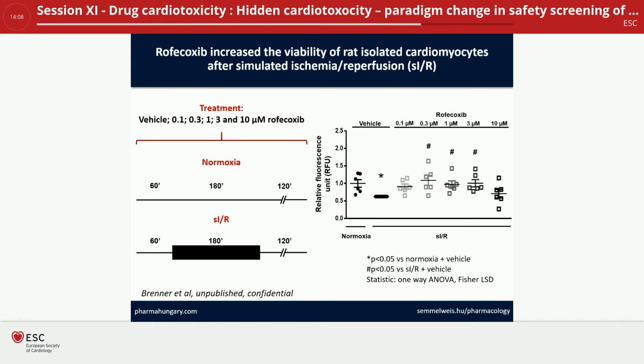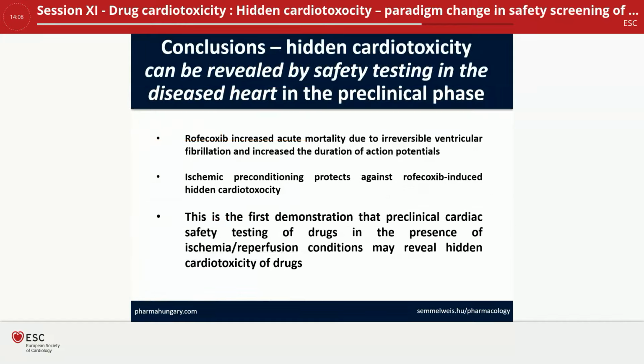So by now what we have shown is that rofecoxib increased acute mortality due to irreversible ventricular fibrillation and increased the action potential, probably by increasing the action potential duration.